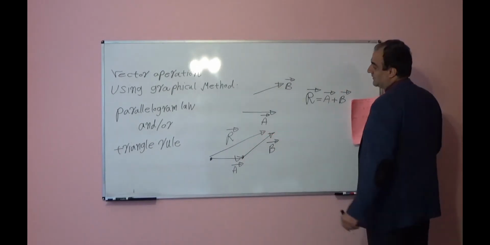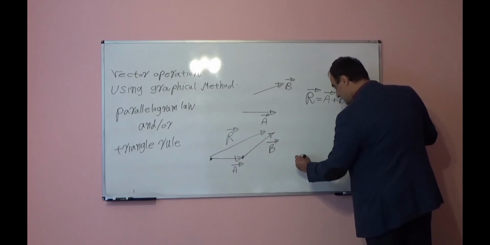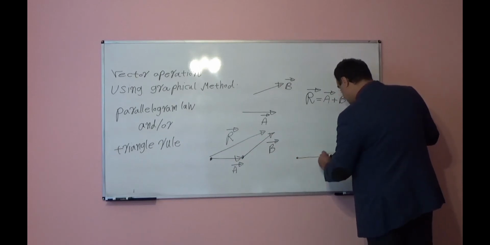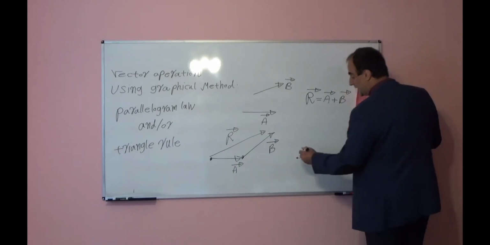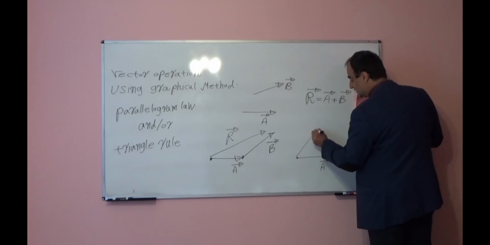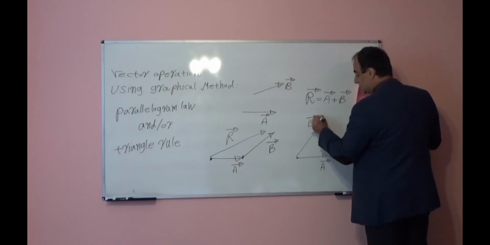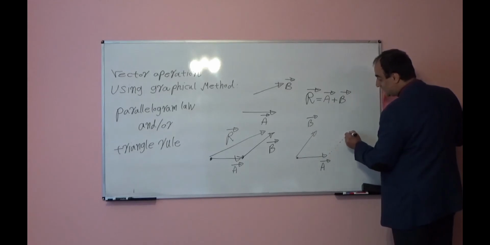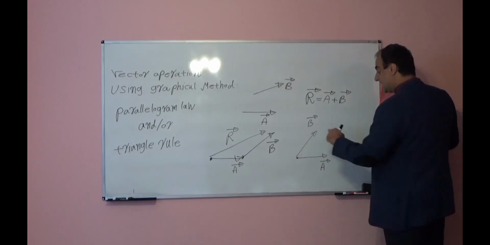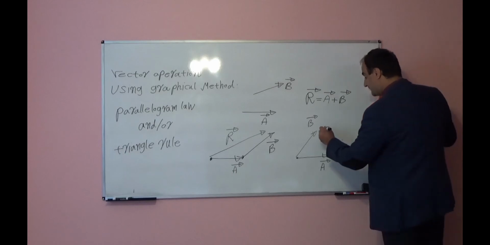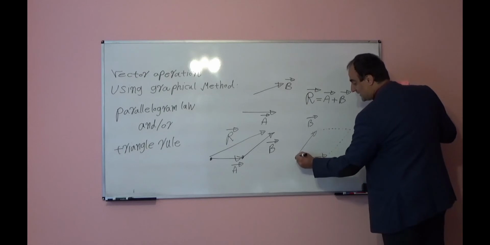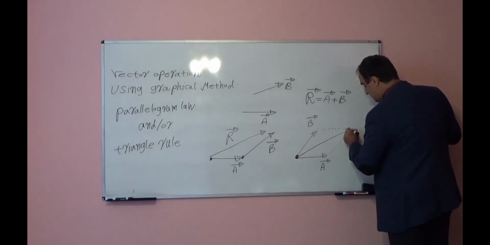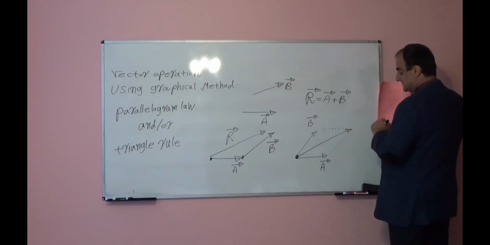You can make parallelogram. In order to make parallelogram, you will draw vector A. Then from the tail of vector A, you will put vector B. Then from the head of vector A, you will draw one line parallel to the vector B, and from head of vector B, you will draw another line parallel to vector A. The vector attaches the tail to here, to this intersection point.